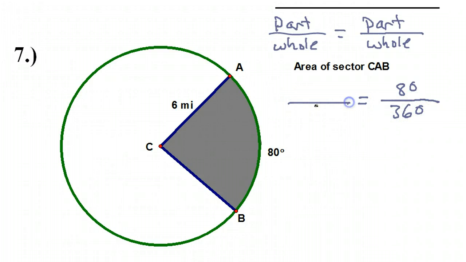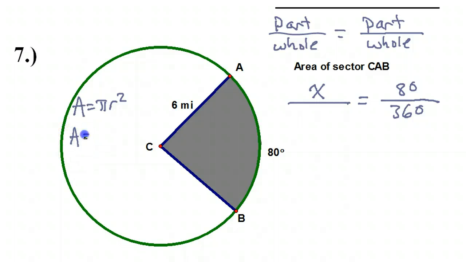Now, when we talk about part over whole on the left, we're talking about area. So the partial area is what we're looking for, so I'm just going to call that x. The whole area is the area of the entire circle. So that is pi r squared.